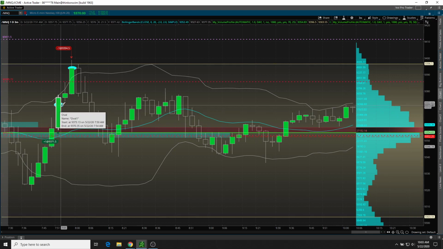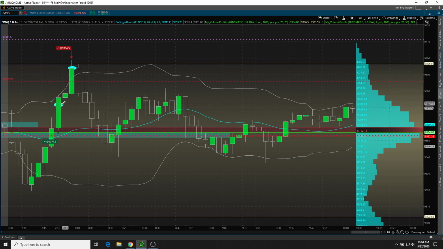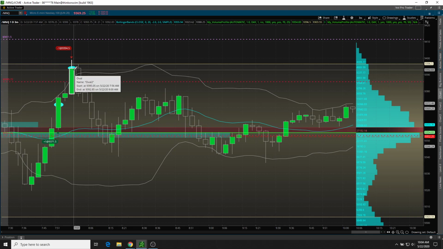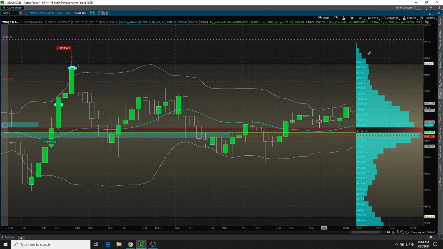From my perspective, yes, it is a chase, but we have some strong momentum going, and I'm looking for a push higher up into this range where you can see the total number of contracts, 4,000, almost 5,000, 5,200. So I'm looking for a push up into this area where I will close the position, and the reason for holding out for that is simply because there are short sellers up in here that are going to take a stop.